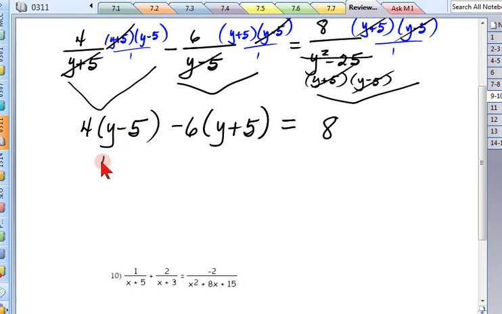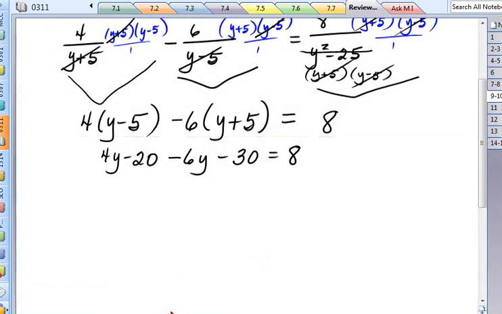Multiply by the 4, that gives me 4y minus 20. Distribute the negative 6, that's minus 6y minus 30 is equal to 8. Combining like terms, I have a 4y and a minus 6y, which gives me negative 2y.